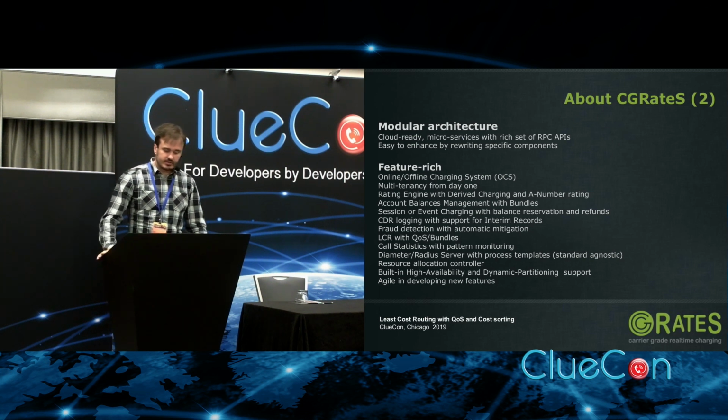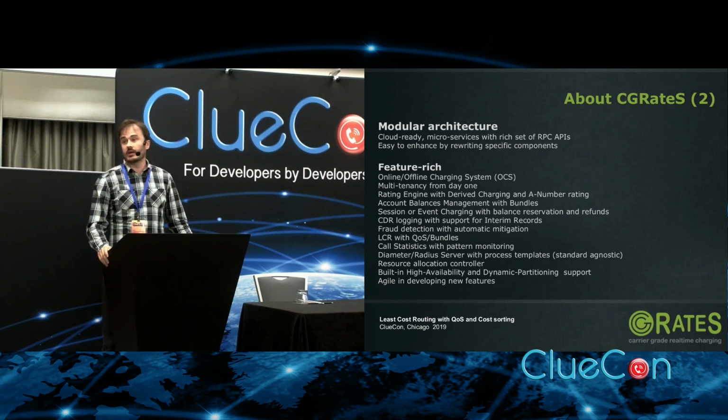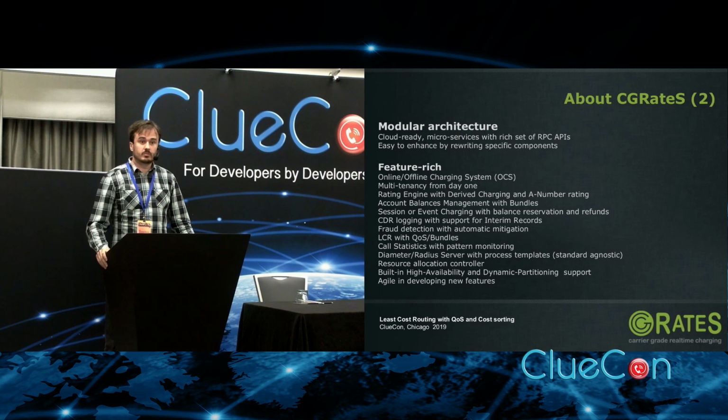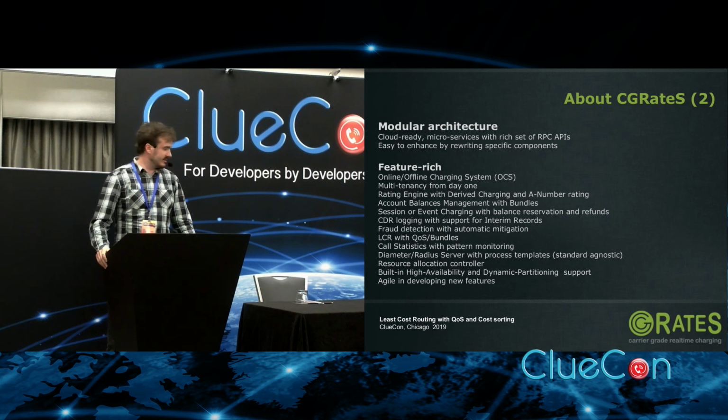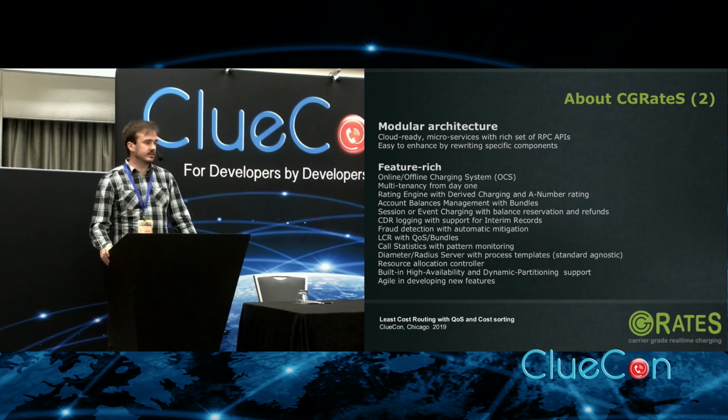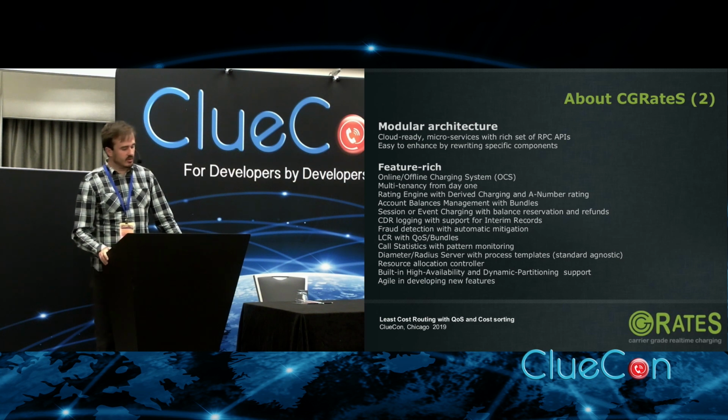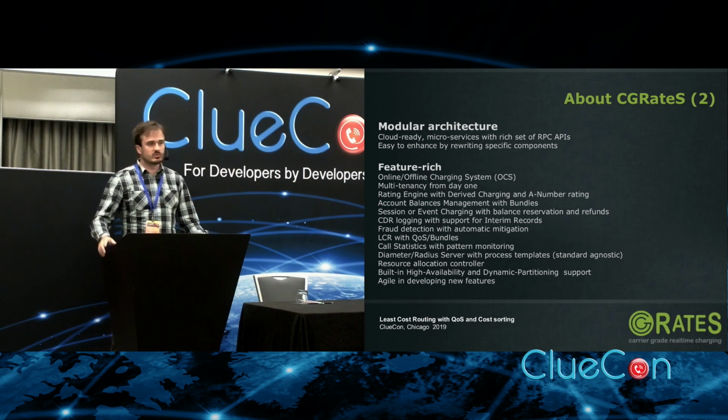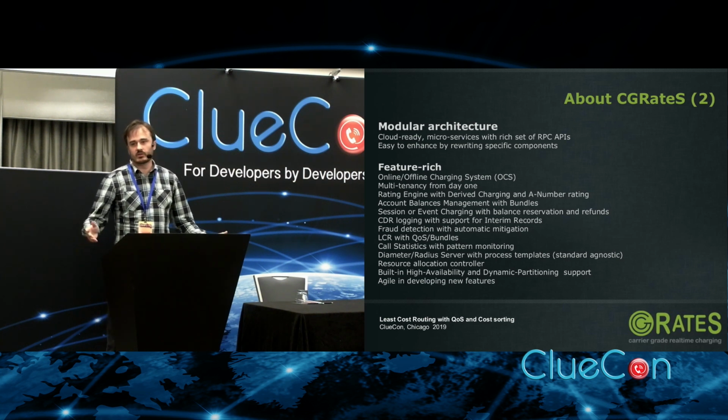Diameter, RADIUS, server. Recently, we have also integrated support for DNS, so you can run CGRateS as an ENUM server. I thought it's not a big deal, but I noticed that many operators are using ENUM for their least cost routing as well. So you can get ENUM support via CGRateS. You start it as a DNS server / NAPTR server.